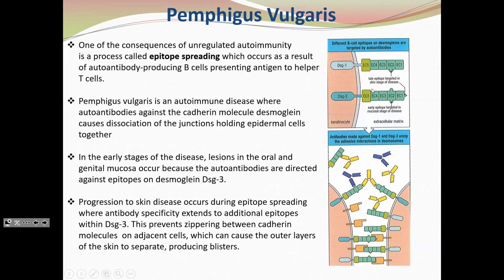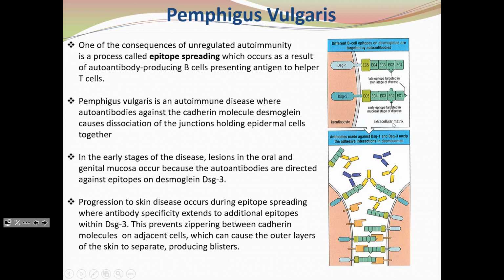As the autoimmune disease progresses and this complete antigen is taken up and presented to T cells, the T cells produce cytokines which can then activate other B lymphocytes, making antibodies to other epitopes further downstream to what the original autoantibody was.